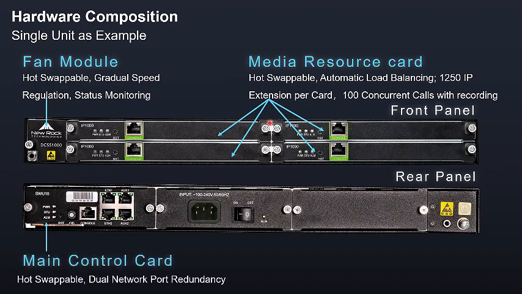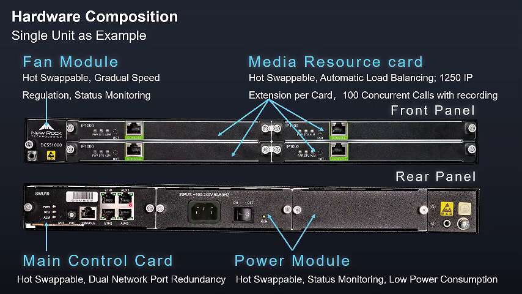In the rear panel, you can see the main control card. You can see here the power, STU, and the alarm button. All of these are hot swappable and also support dual network port redundancy. Then here is the power module, which can support single or dual AC.